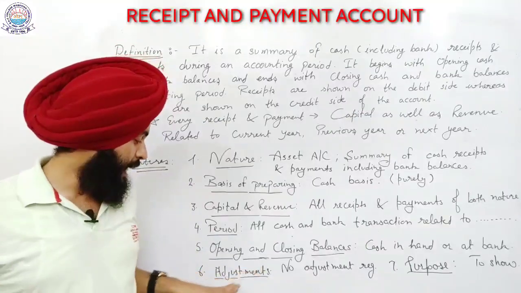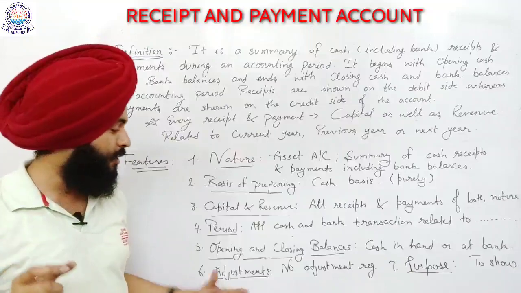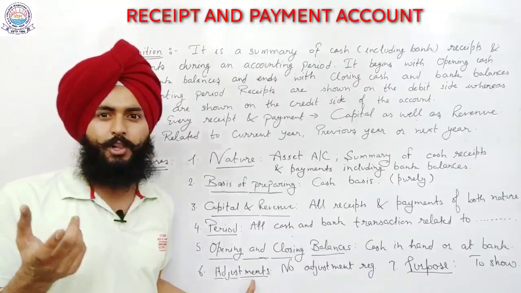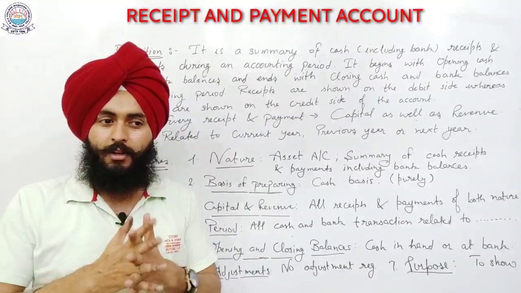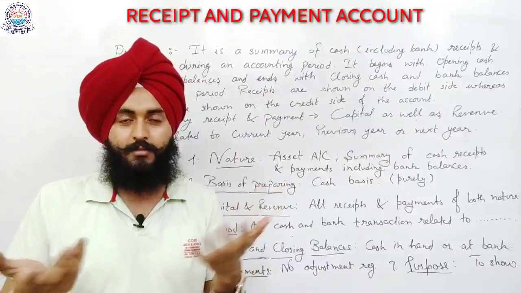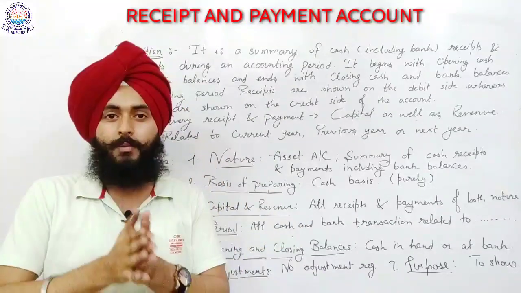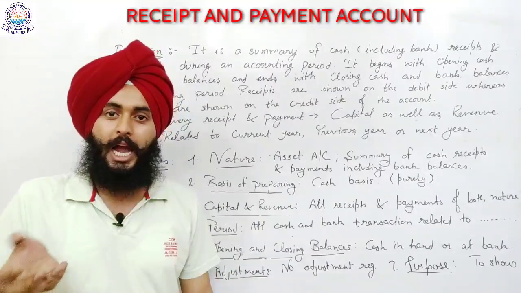ओके जी. The last one, it is not the last one, second last, adjustment. This is a very beautiful thing. There is no adjustment in receipt and payment account. What kind of adjustment are we saying? You remember the trading account, profit and loss account? There were so many adjustments we had to do.